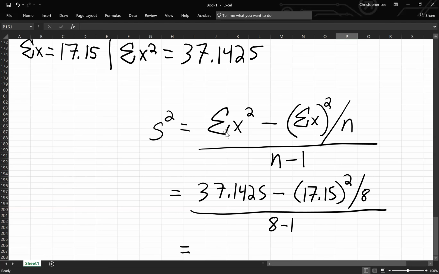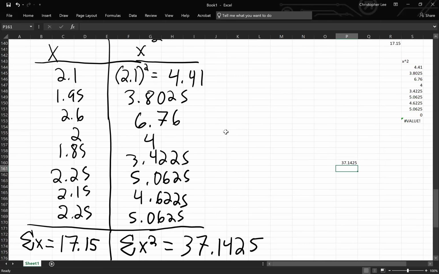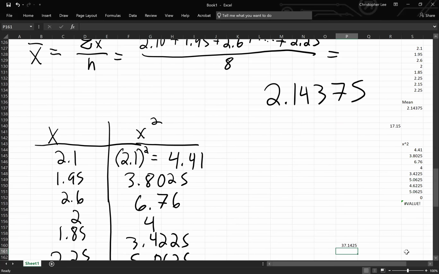But wait, keep in mind though, this is not the standard deviation, this is the variance. So let me get the variance real quick so we can verify this. Yeah, this first one is the variance.